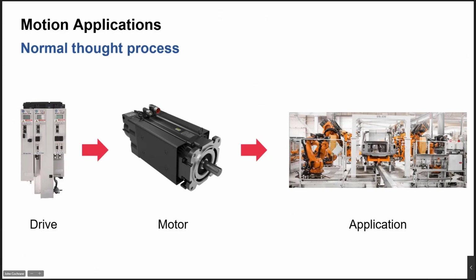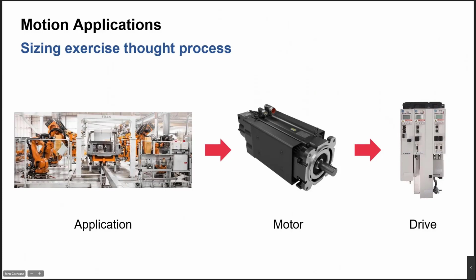In motion applications, our normal thought process is that we're looking for a certain size drive and motor for a particular application a customer may have. With the workflow of the Motion Analyzer sizing, we flip it around and take a look at the application requirements first: all the mechanics and performance requirements.